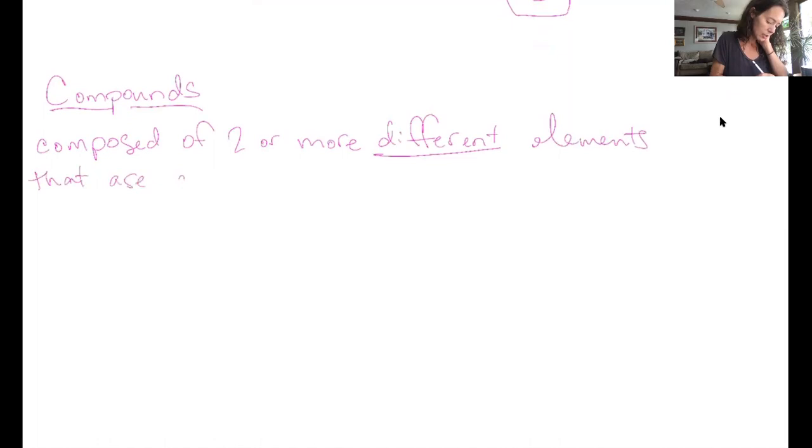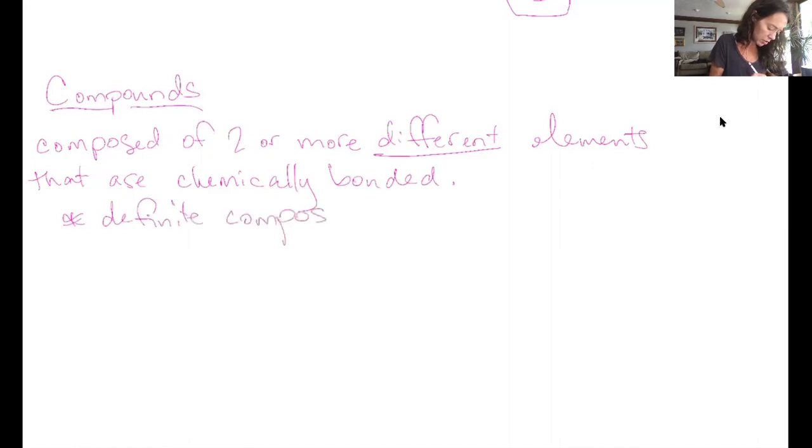So I can't take a silver element and mix it with a lead element and call that a compound, because they're not chemically bonded. Compounds have a definite composition. We will calculate those compositions.